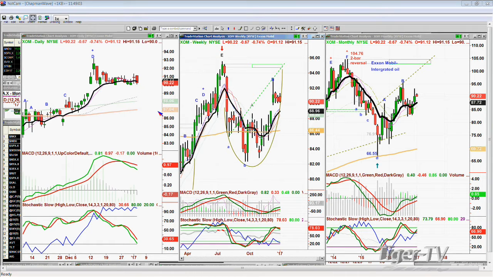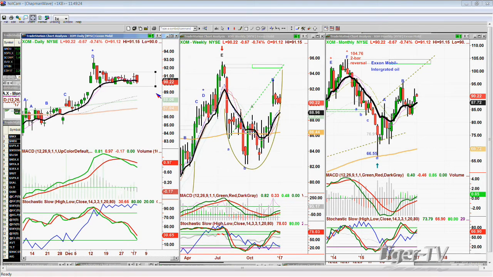When you've got the MACD and stochastic so negative, it does limit the upside. That's the reason why I'm saying that in the Dow and the S&P, with that kind of pullback in these technical indicators, it limits the upside. And you're seeing ExxonMobil stuck in a rectangle formation with a chance that it might break the bottom part of the channel, the sideways channel, the rectangle.